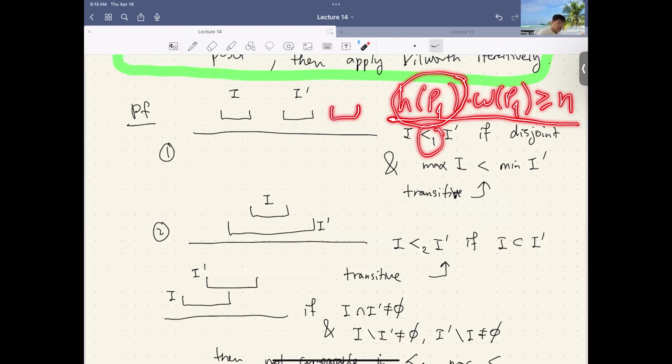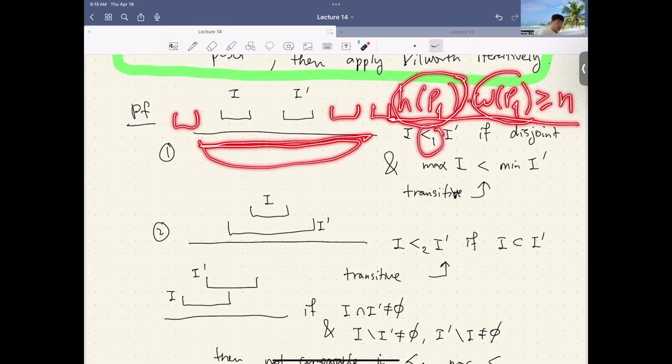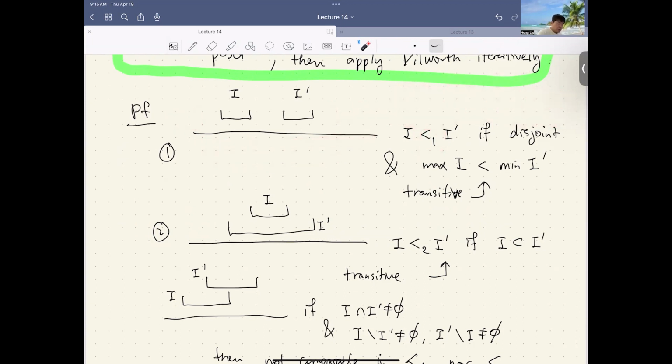So a chain here is a collection of pairwise disjoint intervals, right? This means chain. And width is anti-chain. Anti-chain means they are not disjoint. Okay, they are not comparable in the first partial order. So we have height times width.